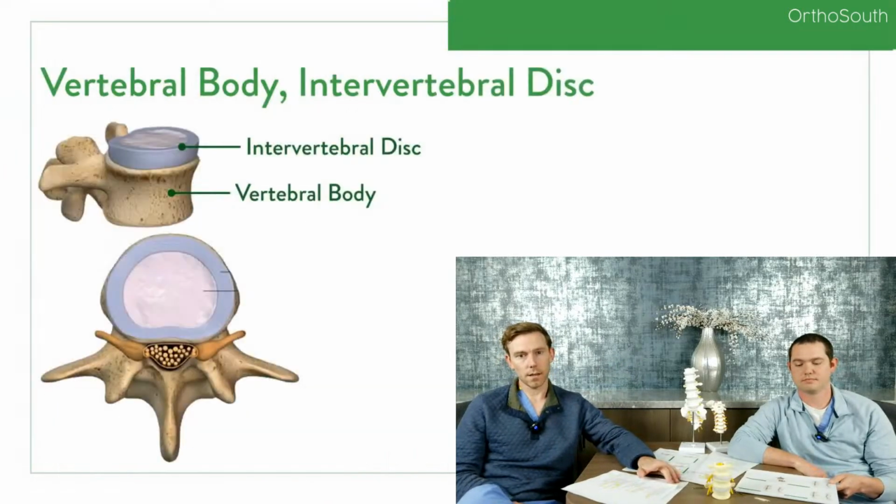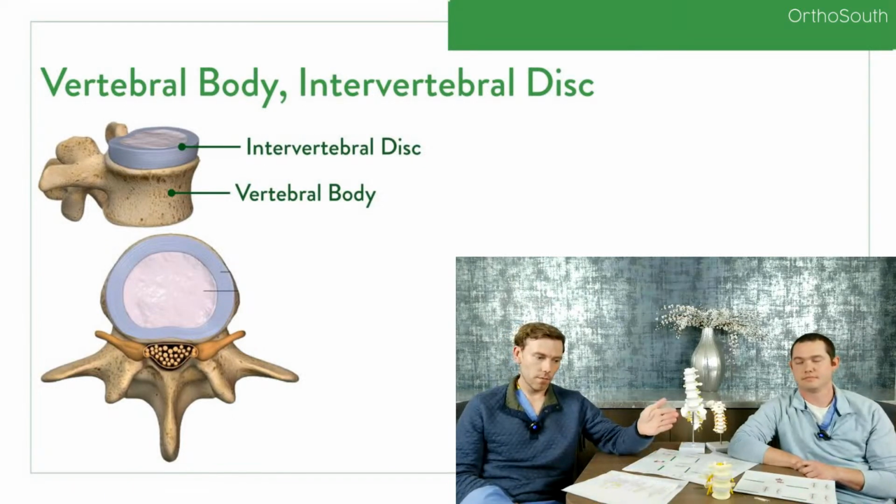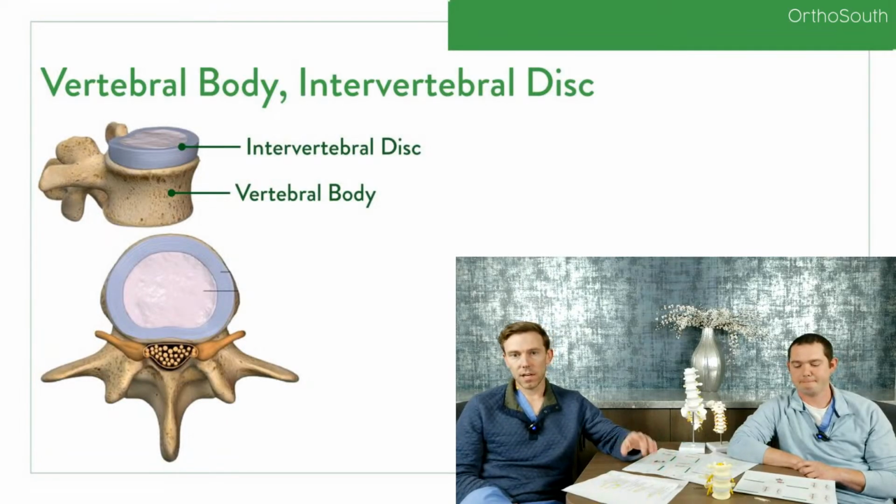So next slide. That leads us into the vertebral body and the intervertebral discs, which are pictured here. The vertebral body refers to the actual bony anatomy, whereas the intervertebral disc, as you can see here, is the softer part, which allows more movement.